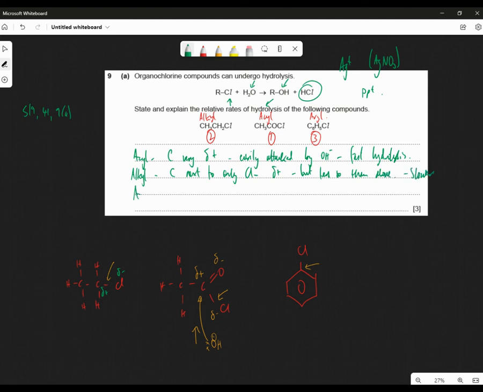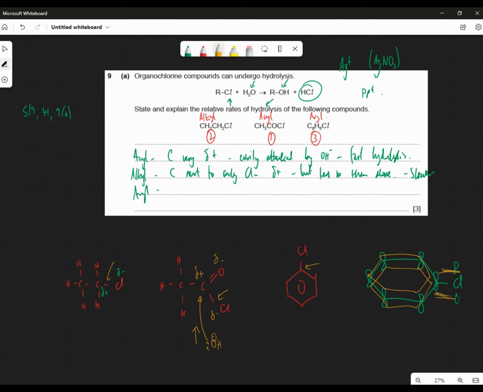Now the aryl, this one here. Well, let's try and draw it a little bit nicely. If you think of these as the p orbitals coming out, and there's the chlorine. Chlorine has its own p orbitals. Now this is the delocalized ring, as you know, and these electrons on the chlorine get sucked into the ring.